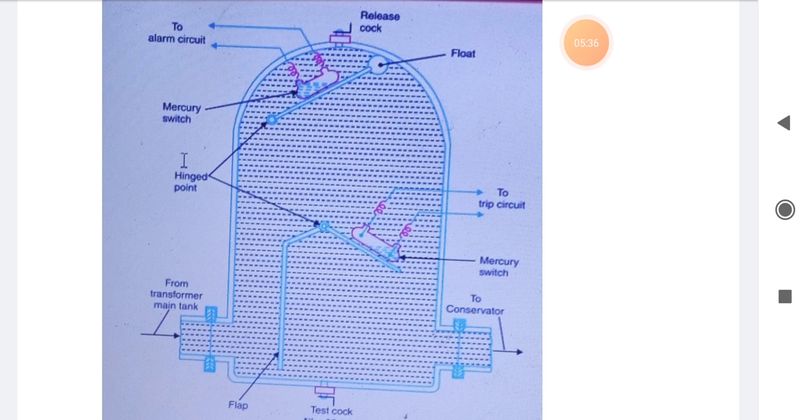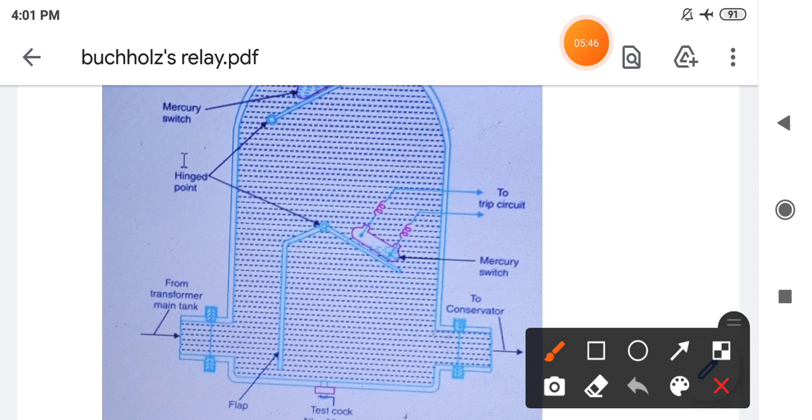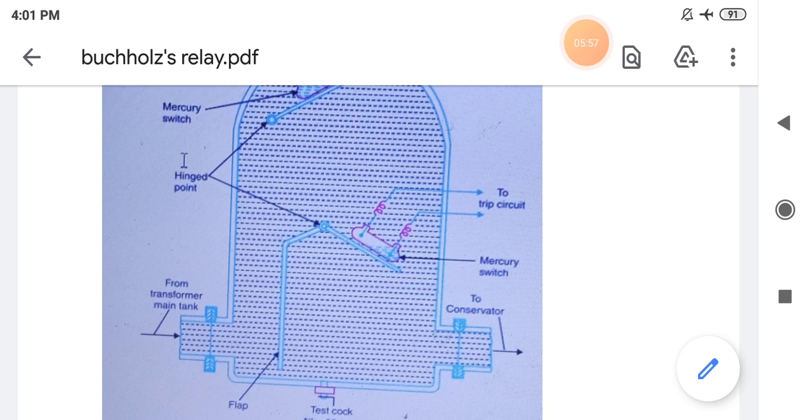The gas will float, and while floating, it will strike the flap and the float. It is exactly over here. Let me show you with the help of the arrow. This is the point where the gas will try to go, and if it reaches that point, what will happen?